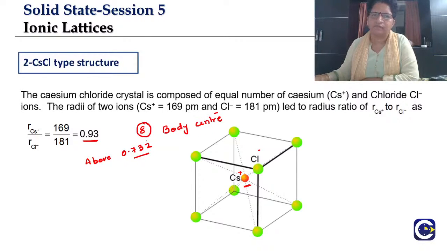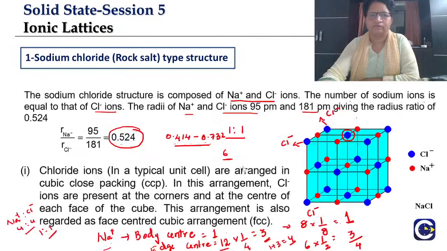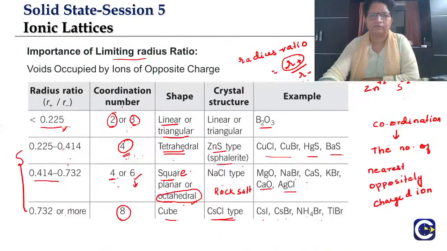And what does this 8 mean? Here if you take one unit cell, you can see, because it's only one taken, if you take further, it's not 4, it's 8. At 0.732 and more, it should be 8.